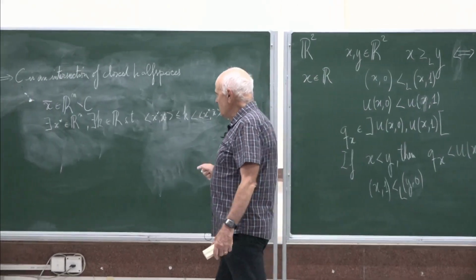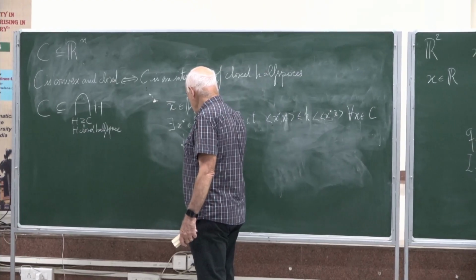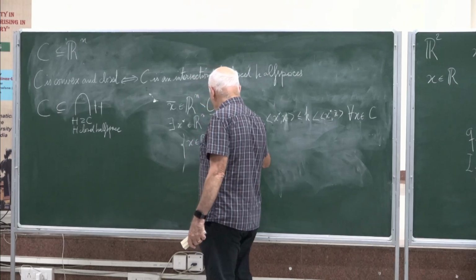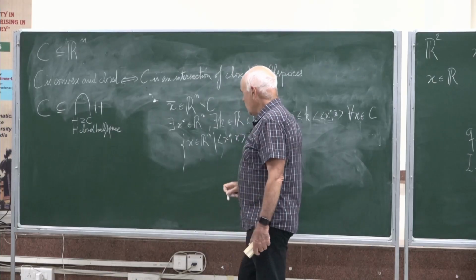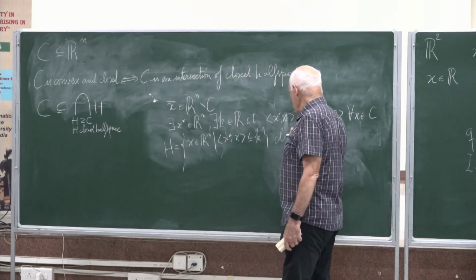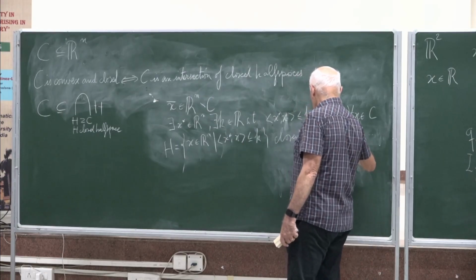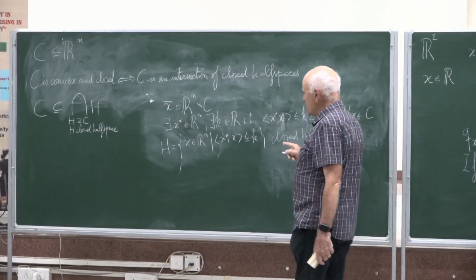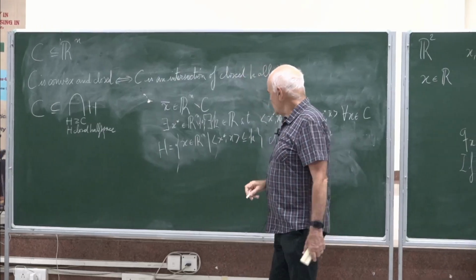But this defines a closed half space. Call it H. It's a real half space if x star is different from 0, and of course, the separation is with a non-zero vector.